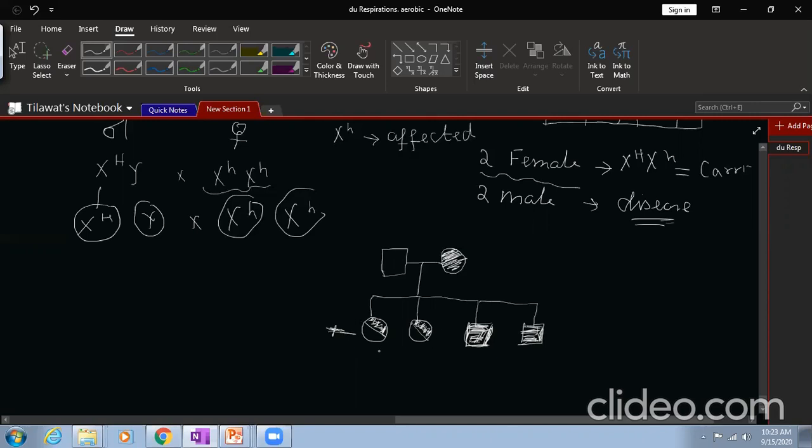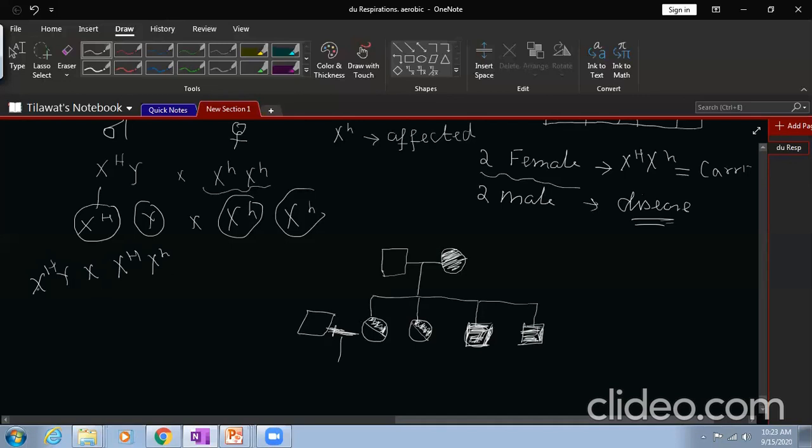Now if you want to do another cross, let's suppose this carrier female marries another normal male. So what should be their offspring? Do the cross between them again. For the normal male, XH Y, crossed with XH and X small h, because here the female is a carrier.